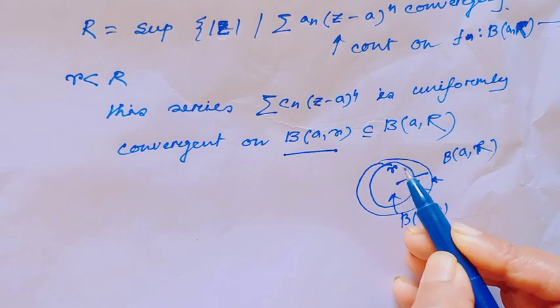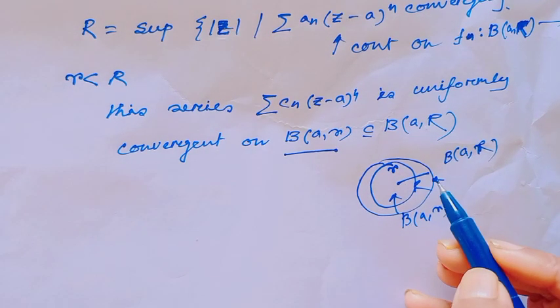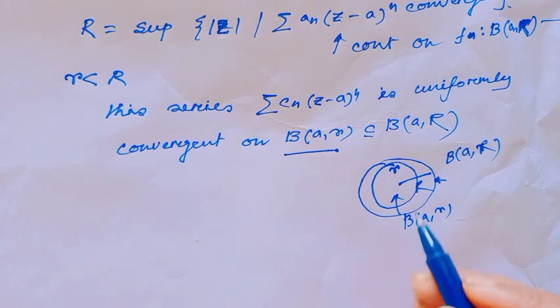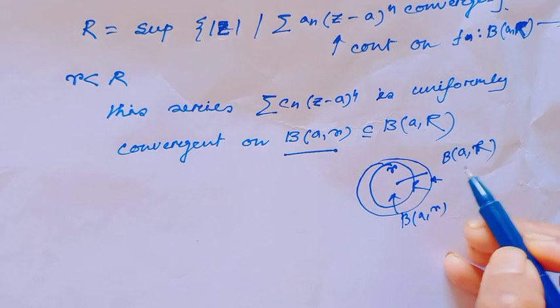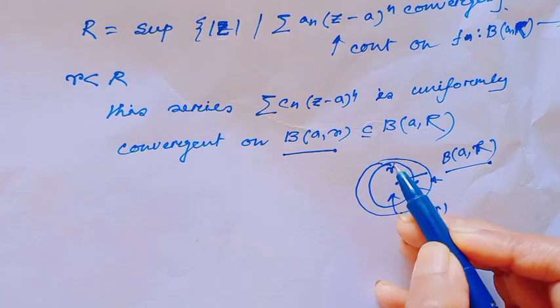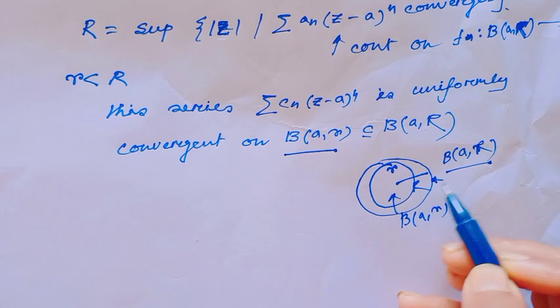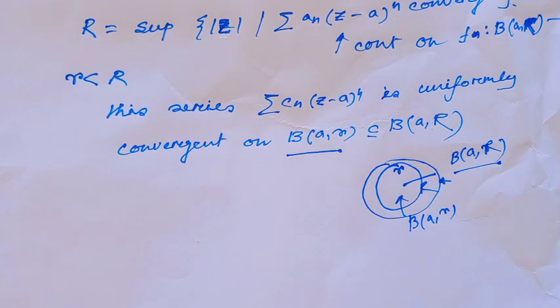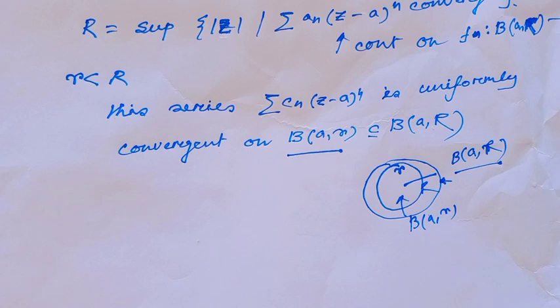So I have taken a smaller radius, which is smaller than capital R. If a power series is convergent in B(a, R), it is always convergent at the interior points, but at the supremum point it may or may not be convergent.